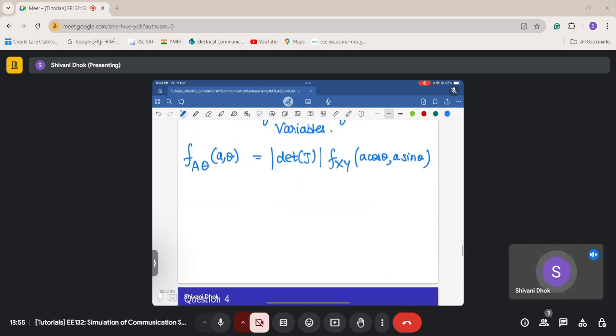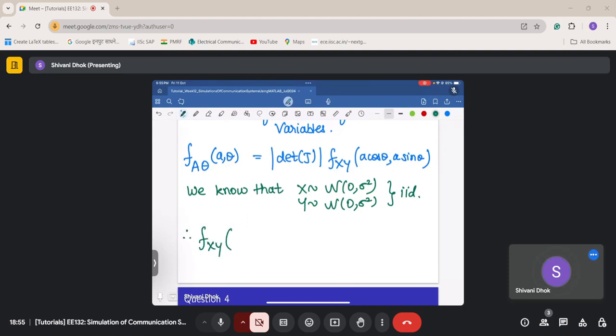We know that x is Gaussian with zero mean and variance sigma square, and y is again Gaussian with zero mean and variance sigma square, and these two are IID. Therefore f xy of x comma y will be equal to fx of x into fy of y.